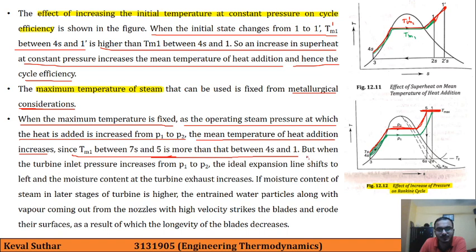But when the turbine inlet pressure increases from P1 to P2, the ideal expansion line shifts to left. That is, this is the new expansion process, and previously it was this.